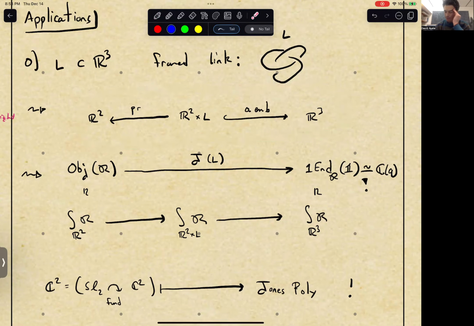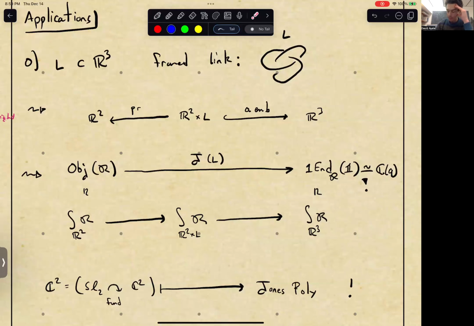So here's R3, here's R2 cross the link. And using the framing of the link, there's an embedding of this little R2 thickening of L into R3. Also, there's just a projection of R2 cross L onto R2.